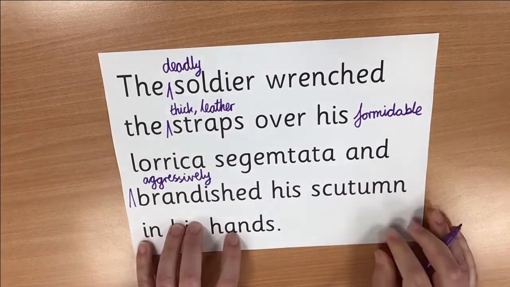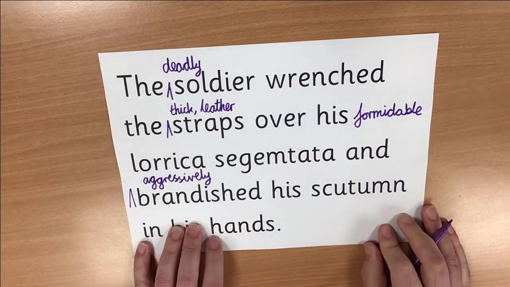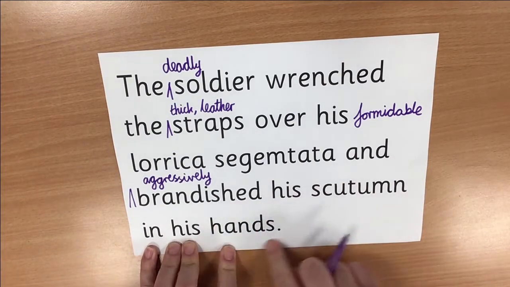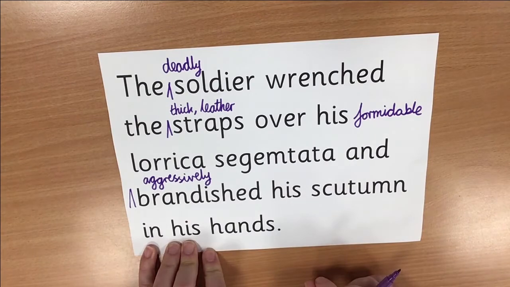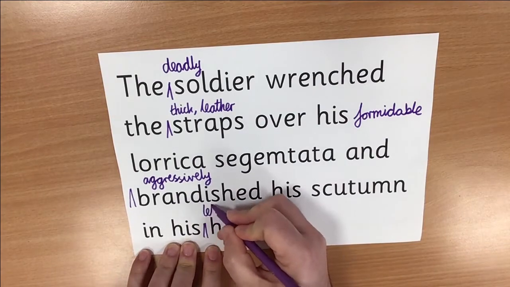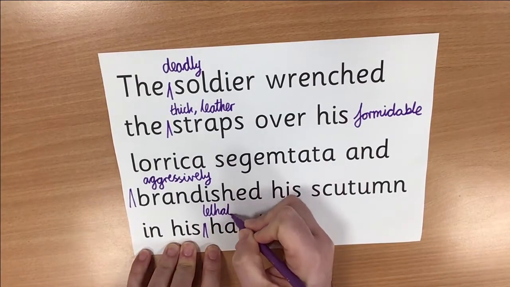So he's going to aggressively brandish his scutum in his hands. Now, I don't want to add any more to the description of his scutum because I think I've already added enough. But his hands, here's a lovely opportunity to put a bit of information there to describe his hands. So I'm going to make his hands lethal, which means he can kill with them.